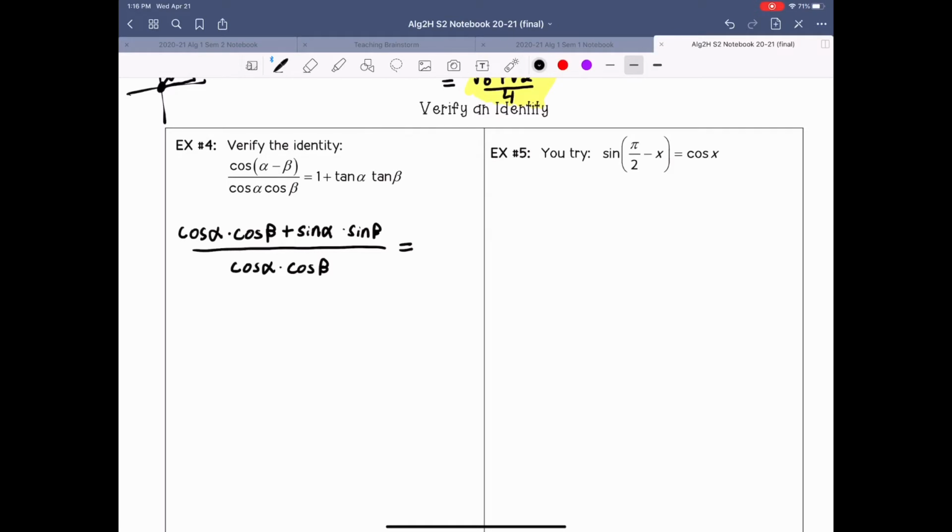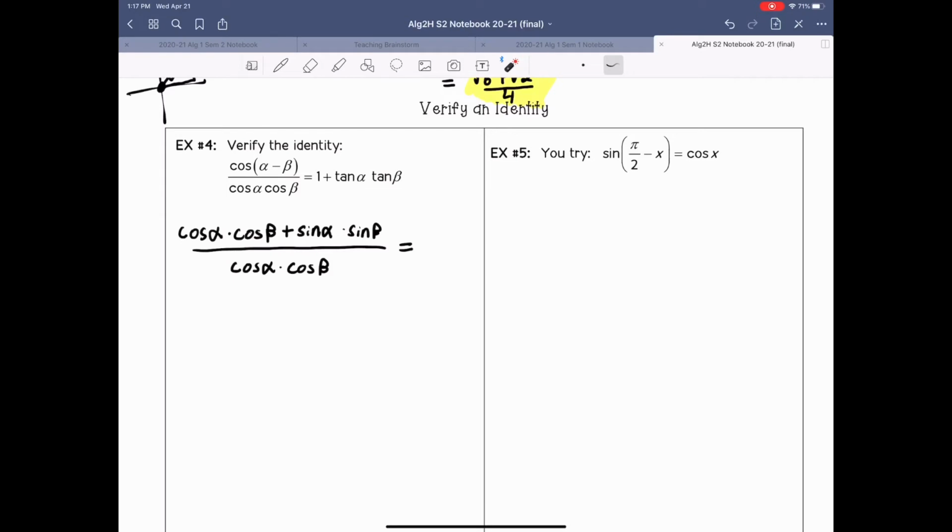And again, we are proving that that equals the right-hand side of the equation. Now let's think about how else we can modify this expression. Well, I have two terms in my numerator. I have cosine of alpha times cosine of beta and sine of alpha times sine of beta. But I only have one term in my denominator. So if I wanted to split these fractions into two, I absolutely could. I would just set each term in the numerator individually over the shared denominator.